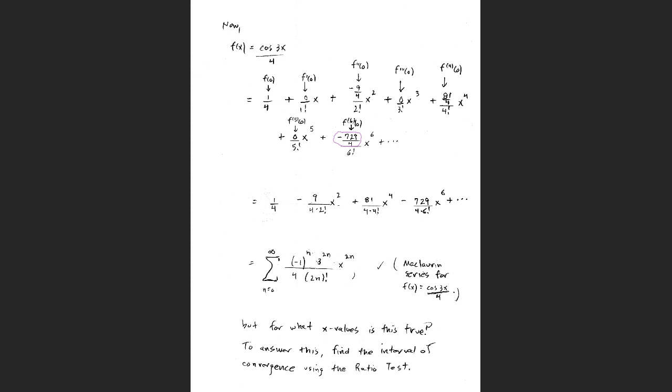The function is equal to f of 0 plus f prime of 0 times x over 1 factorial plus f double prime of 0 times x squared over 2 factorial. And then we just keep going. And so when we do that, we're going to get this here.